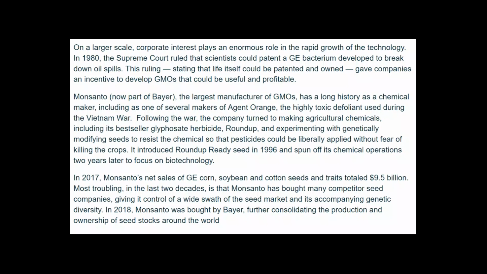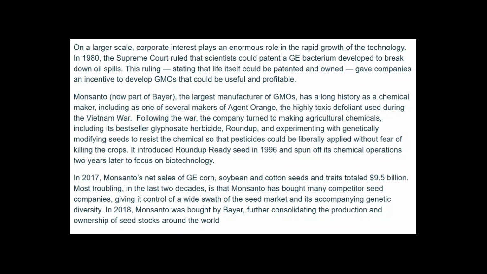Then, on a larger scale, corporate interest plays an enormous role in the rapid growth of the technology. In 1980, the Supreme Court ruled that scientists could patent a GE bacterium developed to break down oil spills. The ruling stated that life itself could be patented and owned, giving companies an incentive to develop GMOs that could be useful and profitable.